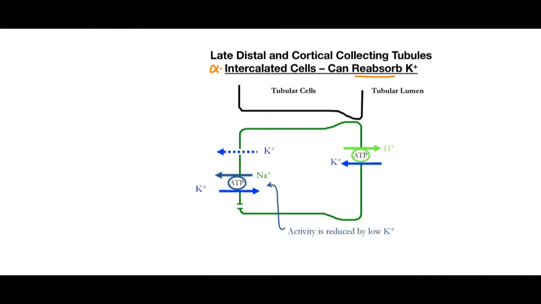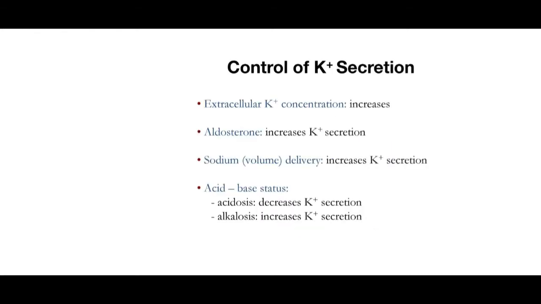So if you're revving up the activity of this pump, what happens to potassium? You have more of it being reabsorbed. Okay, so if you have more of it being reabsorbed, you have less of it being secreted. Okay, it sort of ebbs and flows depending on what the needs are of the body. But that HK pump is the main reason why there's a relationship between acidosis and hyperkalemia.